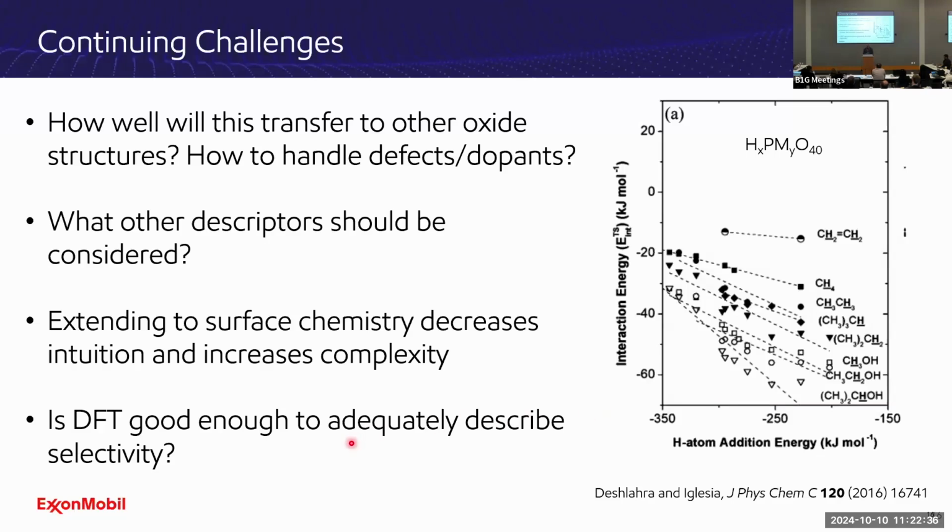And then my biggest problem, even beyond that, is whether DFT is really good enough to adequately describe the selectivity. I think that's almost a killer for us. If we're talking about a very good ODH catalyst, we're talking in the 90s for selectivity. A bad ODH catalyst is in the 70s for selectivity.